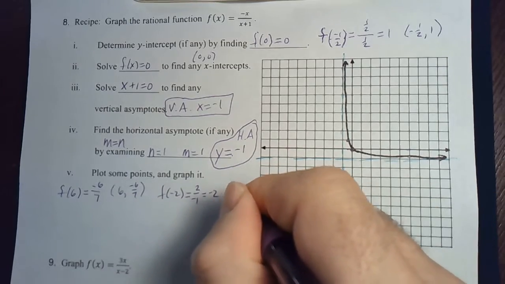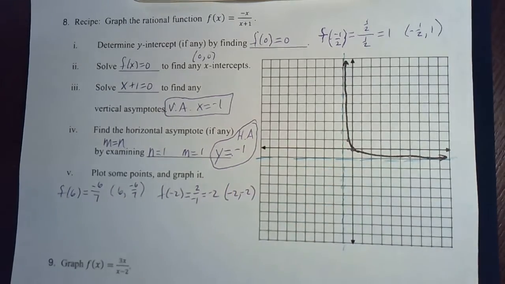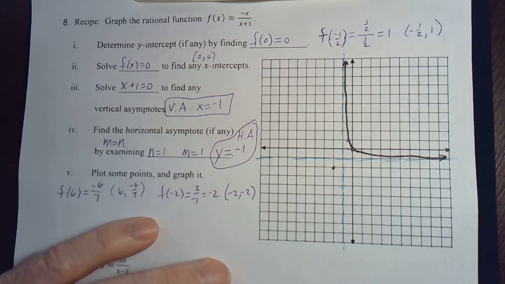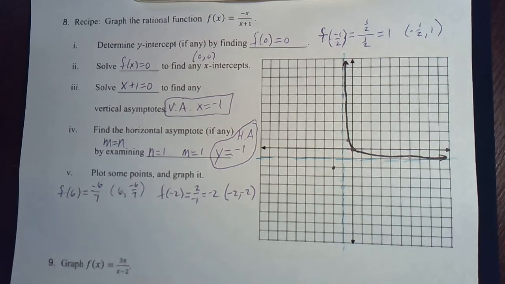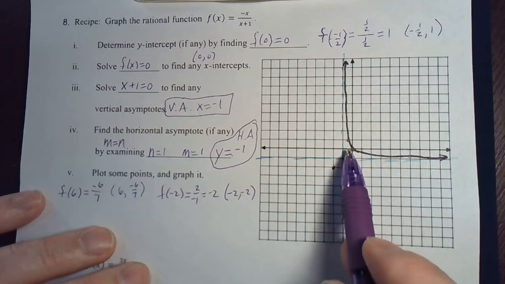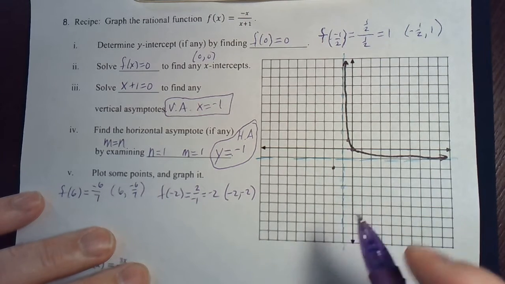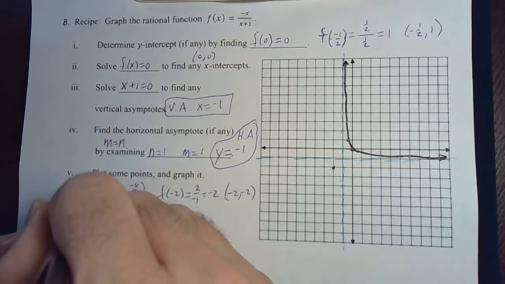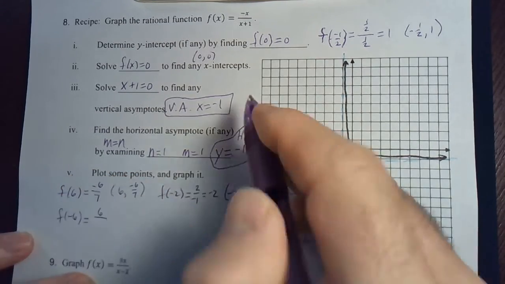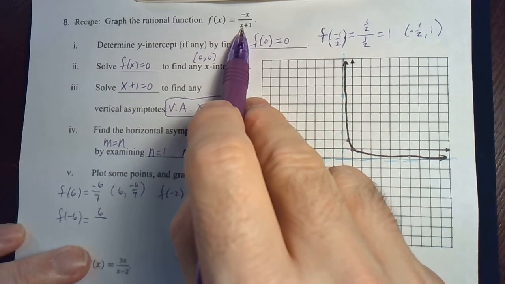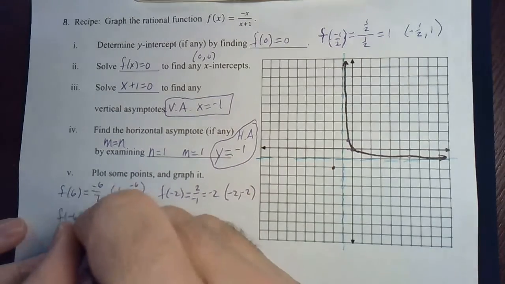So the ordered pair is negative 2, negative 2, and we've plotted that point. Now let's continue with something like negative 6. f of negative 6 will be a 6 on top over negative 6 plus 1, which is negative 5.